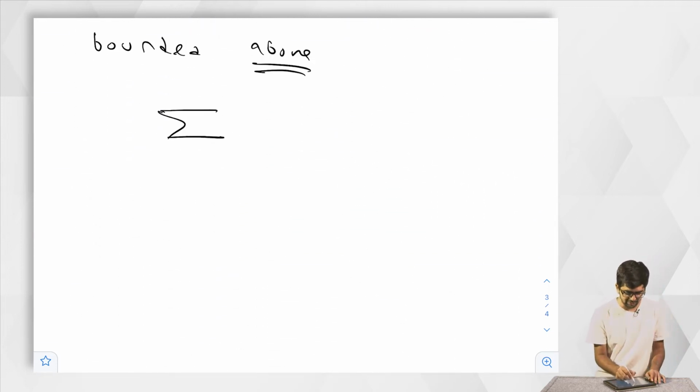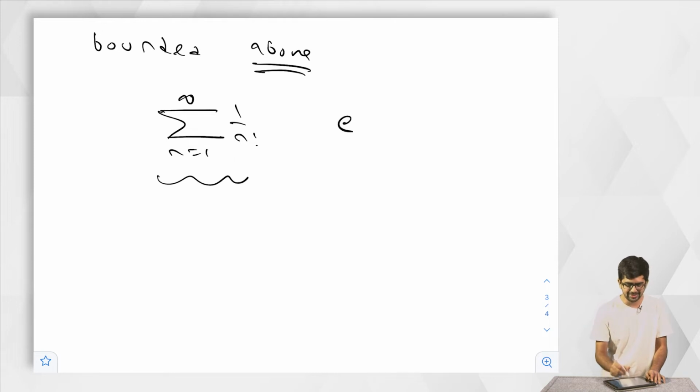You might already know what this sum, n equal to 1 to infinity, is. This is related to something like e. I am not very sure whether it is e or e plus 1 or e minus 1, but we will see more details. This is somewhat related to e.